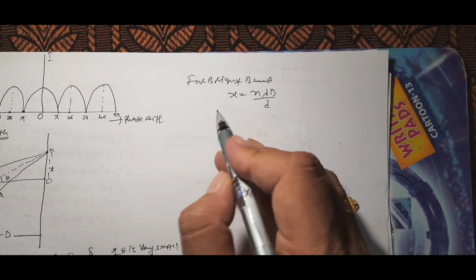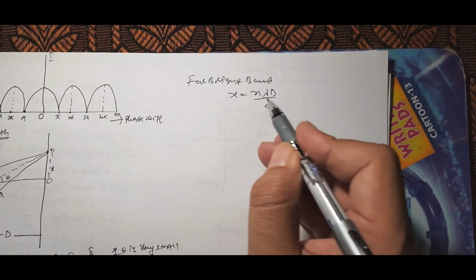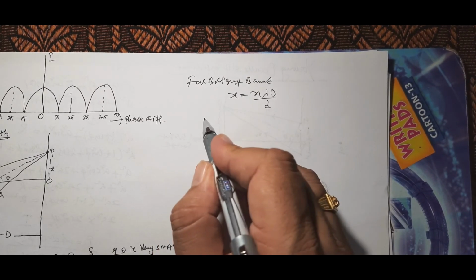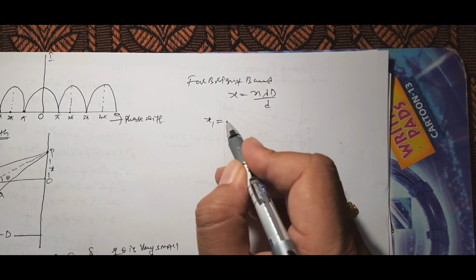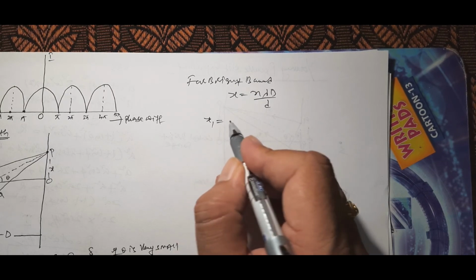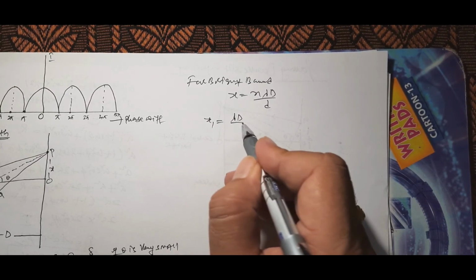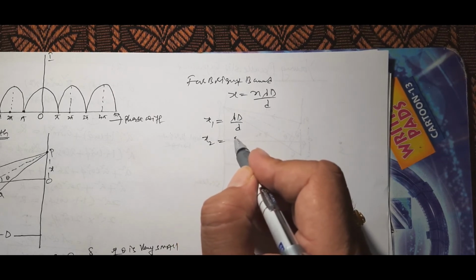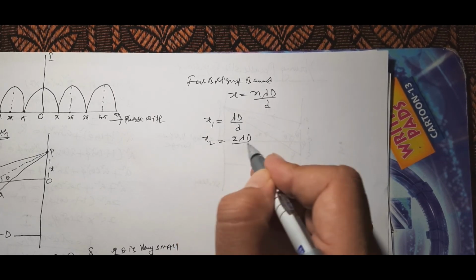In some textbooks, they use the letter m. The position of the first bright band from the center of the screen is lambda D by d. The position of the second bright band from the center of the screen is 2 lambda D by d.